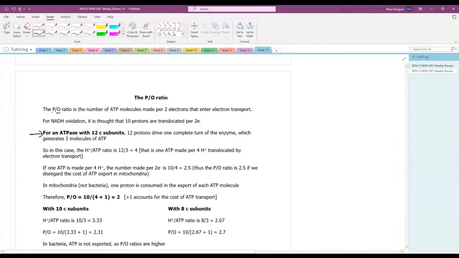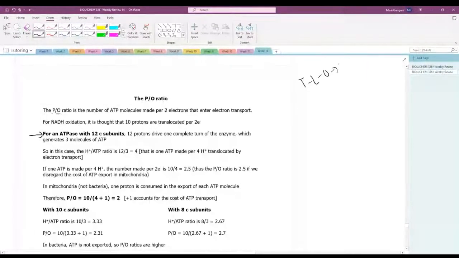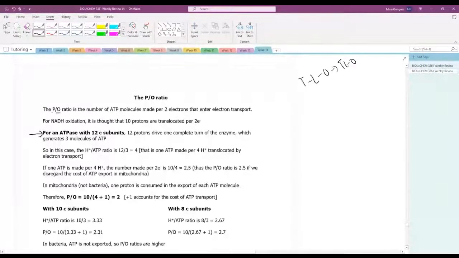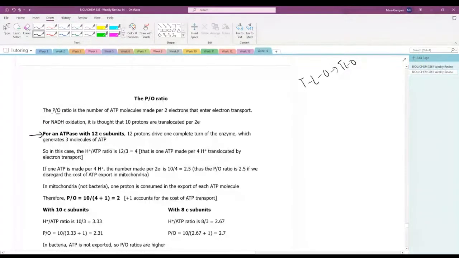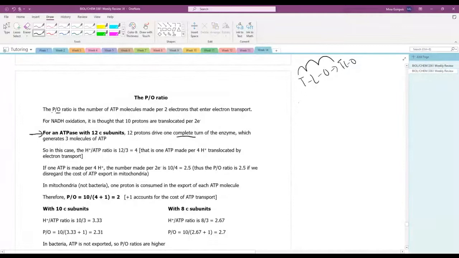So in the human body, we have 12 C subunits of ATP synthase. Now, we talked about the 3 subunits alternating between tense, loose, open, tense, loose, open, and so on. If we think of one complete turn of the enzyme, it means this subunit has gone from tense to loose, then loose to open, then open to tense.